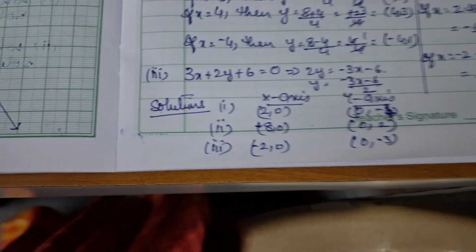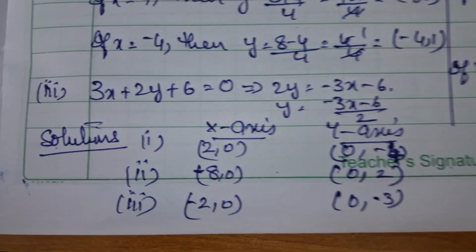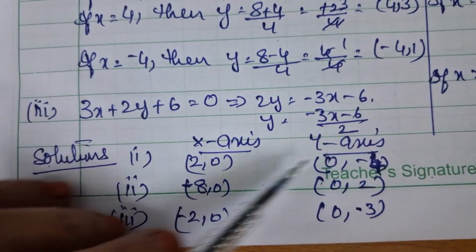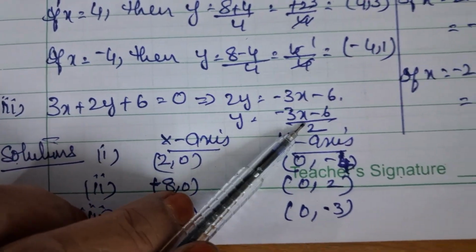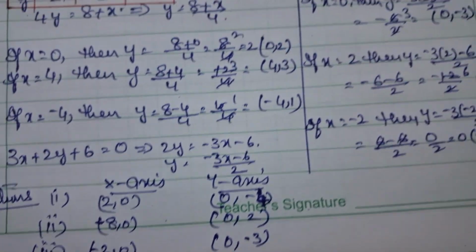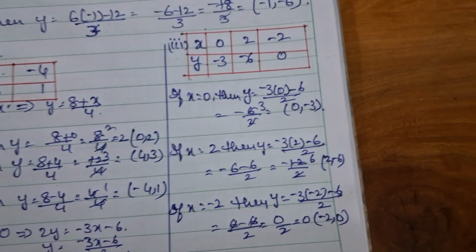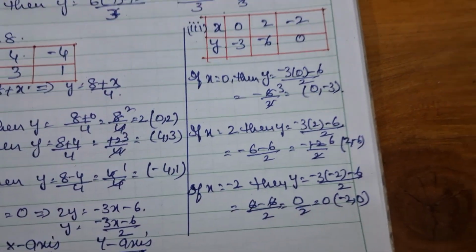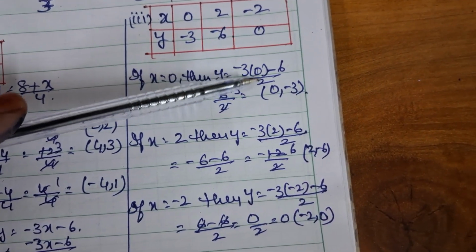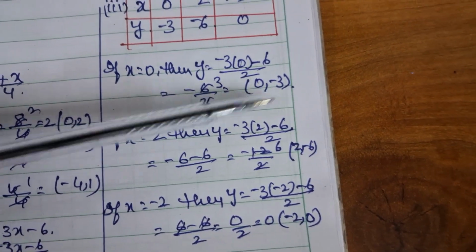Now the third one is 3x plus 2y plus 6 is equal to 0. This means 2y is equal to minus 3x minus 6, y is equal to (minus 3x minus 6) by 2. So here, see the working out I have done. When x is equal to 0, y is equal to minus 3 into 0 minus 6 by 2, that is minus 6 by 2, minus 3.